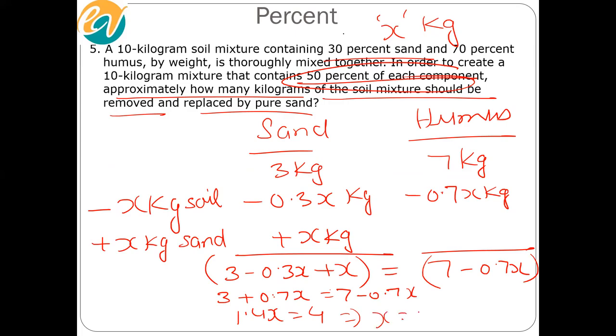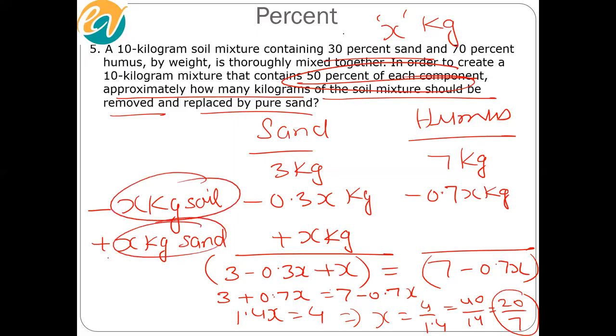So x is equal to 4 by 1.4, which is 40 upon 14, which is 20 by 7 kgs, approximately 2.9 kgs. So that's the answer. 2.9 kgs of soil should be removed and replaced with pure sand. That would ultimately result in an equal quantity of sand and humus.